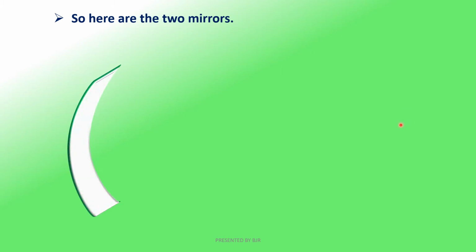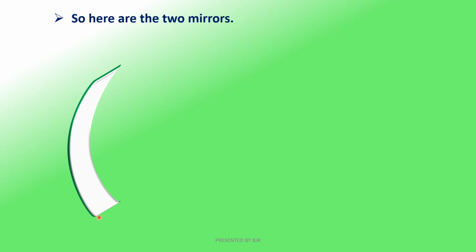So how many spherical mirrors do we have? We have two types of spherical mirrors. One is concave mirror and the other one is convex mirror. So here are the two mirrors. You can see here what type of mirror it is.